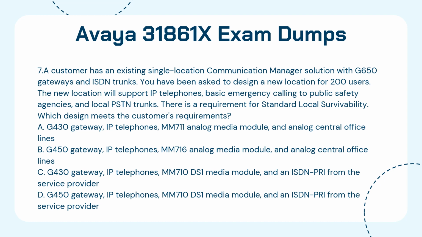C. G430 gateway, IP telephones, MM710 DS1 media module, and an ISDN PRI from the service provider. D. G450 gateway, IP telephones, MM710 DS1 media module, and an ISDN PRI from the service provider.